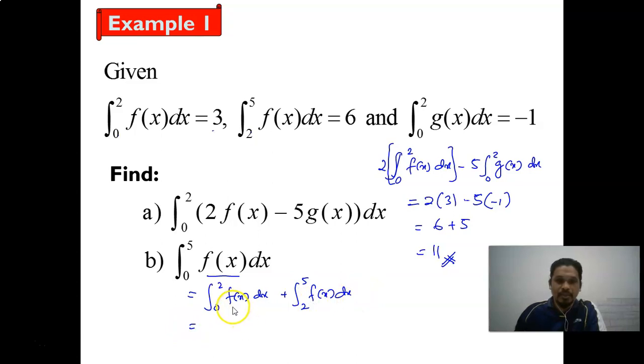This one from 0 to 2 is equal to 3, plus this one equal to 6, then it equals 9.